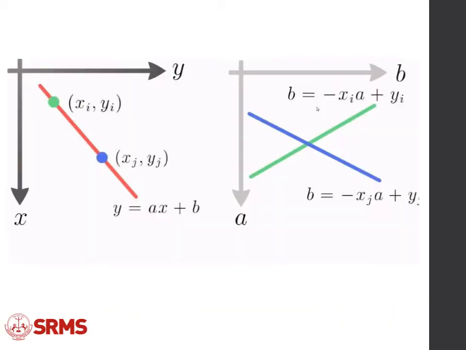Before, we had a red line passing through the green and blue points only. Now we have b = -xi a + yi and b = -xj a + yj. Now two lines are depicted on the same plane, where a and b are now the axes replacing x and y respectively, and the lines b = -xi a + yi and b = -xj a + yj are transformed accordingly.